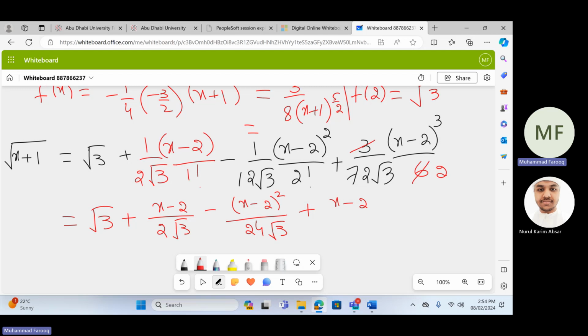So (x minus 2) power 3 divided by 144 square root of 3. So yes, this is my Taylor series. This is our Taylor series of this function.